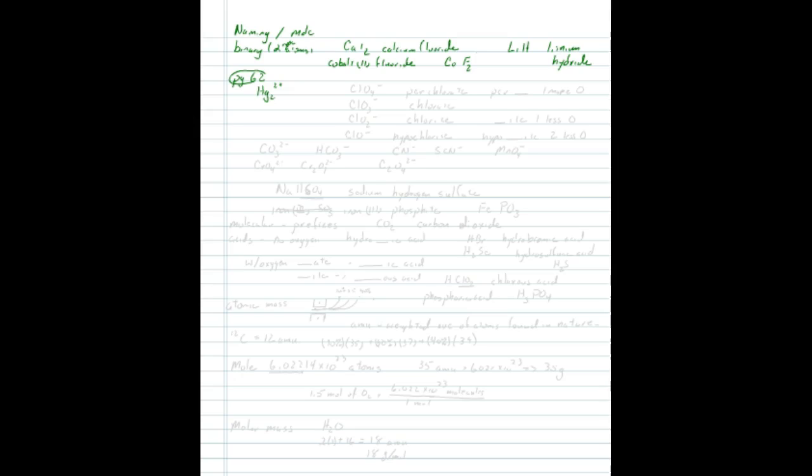There's a general rule. Let's look at the chlorates. ClO3- is chlorate. Chlorate is the standard or the typical one that you'll find. Now if you add one more oxygen to that, the charge stays the same. That's perchlorate.